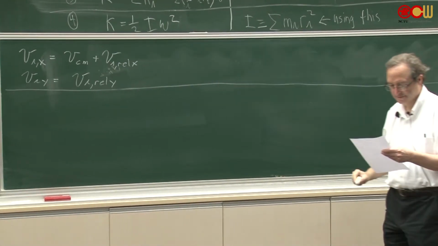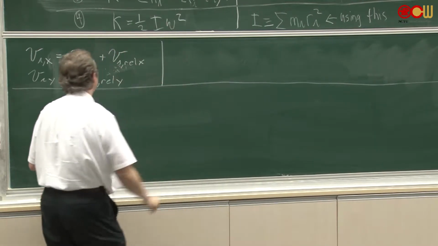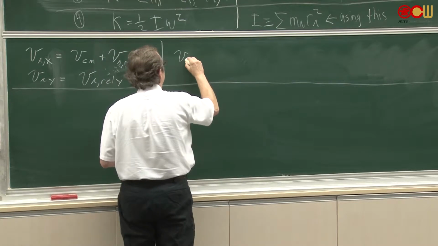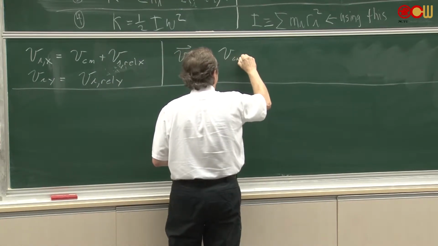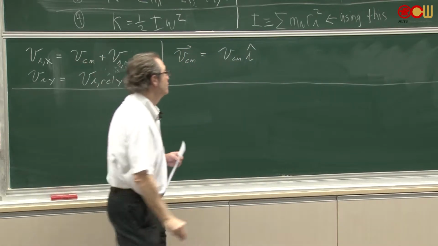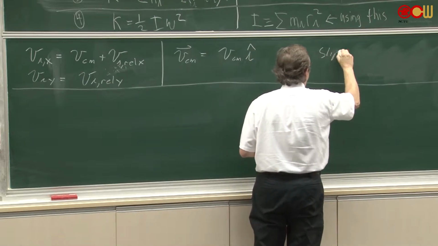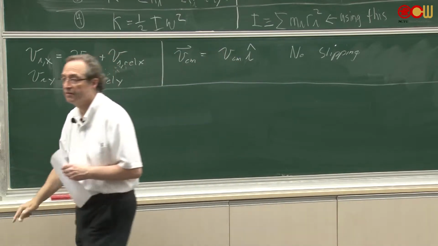Okay. And the reason for this is the velocity of center mass is the velocity of center mass in the x direction, right? And there's no slipping. All right?